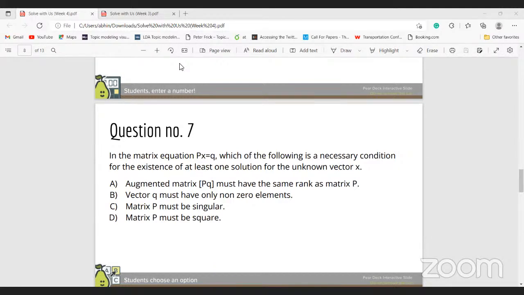It means the solution doesn't exist because you have an equation where 0x1 plus 0x2 equals 5. But if you multiply 0 with anything, you should get 0. Intuitively, is it clear? Yes, sir.